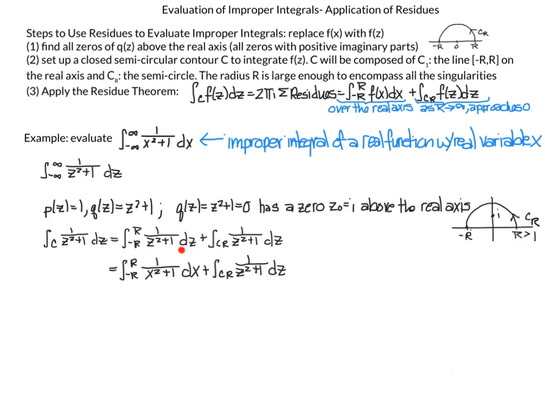Now this is where I'm going to observe that when I'm on this line from negative R to R, I'm on the real axis. So I'm going to emphasize that by changing my z's to x's. So I'm going to integrate from minus R to R, 1 over x squared plus 1 dx. And I can do this because this part of the line is just the real axis.